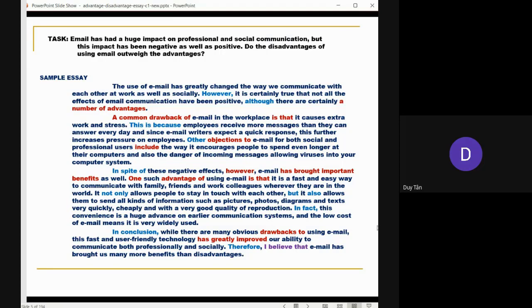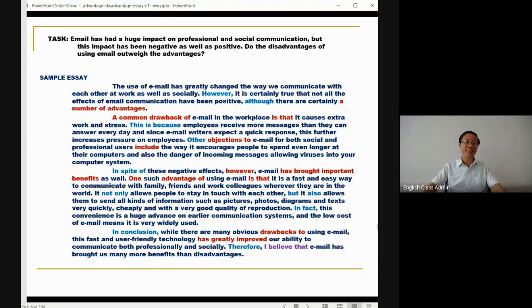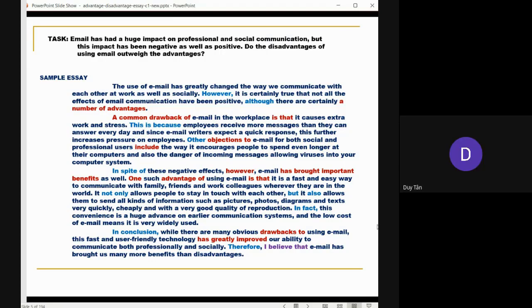In the first paragraph, we introduce the way we communicate through email. What is written in the second paragraph and the third paragraph? In the second and the third paragraph, we describe the advantages and disadvantages of using email.